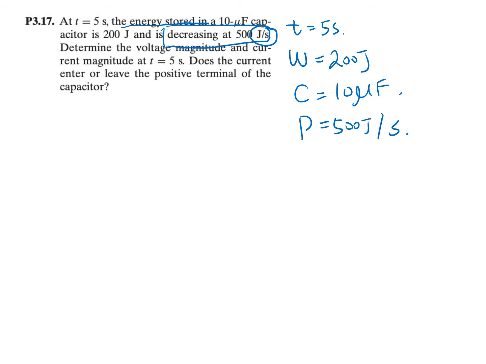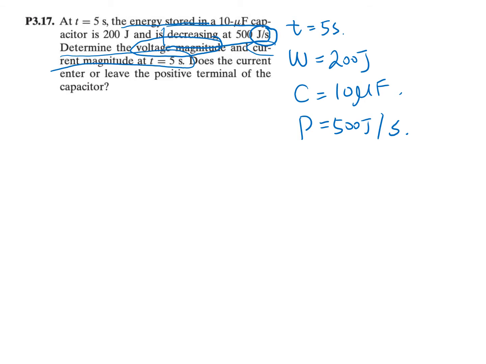The question asks us to determine the voltage magnitude and the current magnitude at t is equal to 5 seconds. So for the capacitor, we have two formulas to find the voltage.